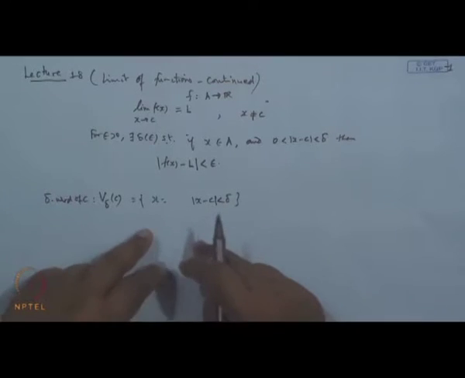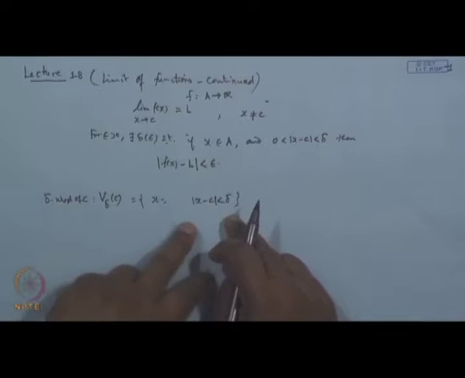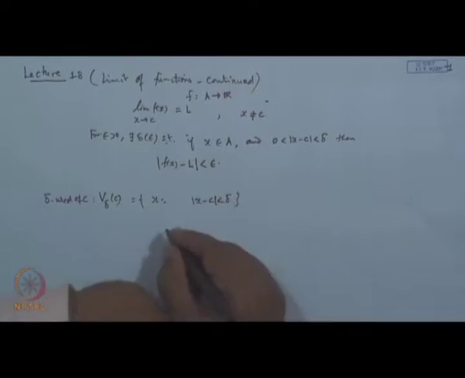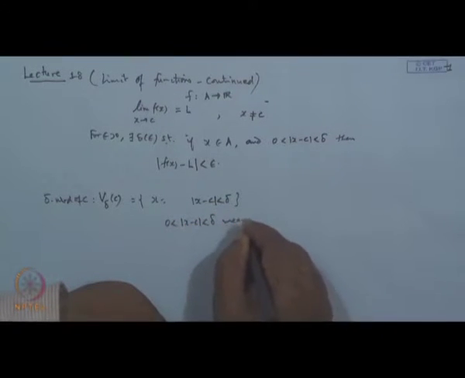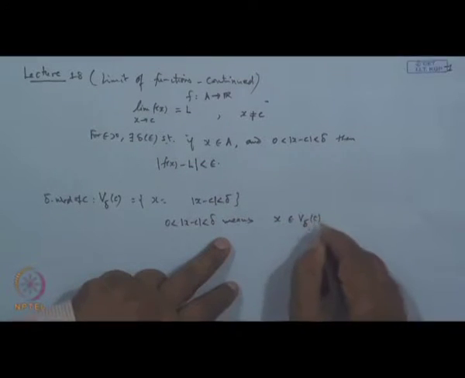Now, in this, if I remove c, then we say the point x is not equal to c. So, 0 < |x - c| < delta means x belongs to V_delta(c), but x is not equal to c.